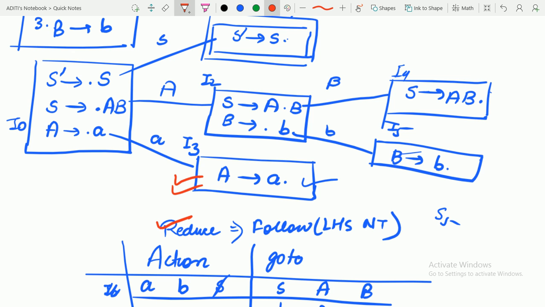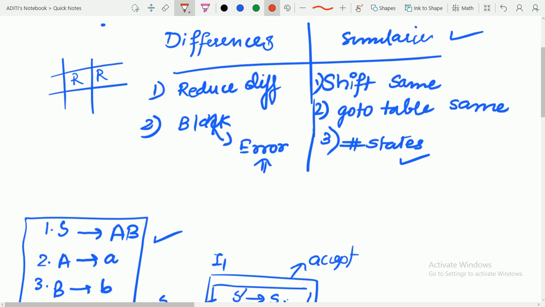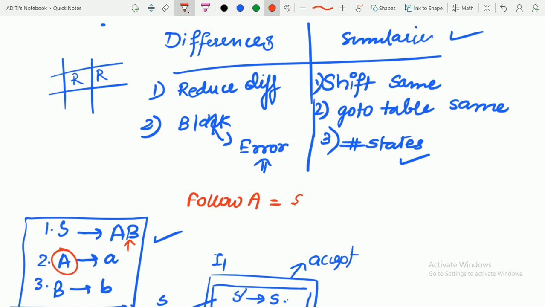The production number is 2, A produces small a. For the LHS non-terminal, you have to find the follow of A. Follow of A will be the first of B, as I told you before, so it is small b. You have to write it.